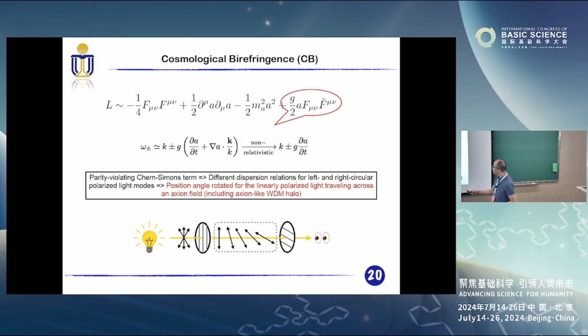And because of that, when linearly polarized light travels across the axion field, including the axion-like wave dark matter halo, its position angle will be rotated. And this effect is called cosmological birefringence.